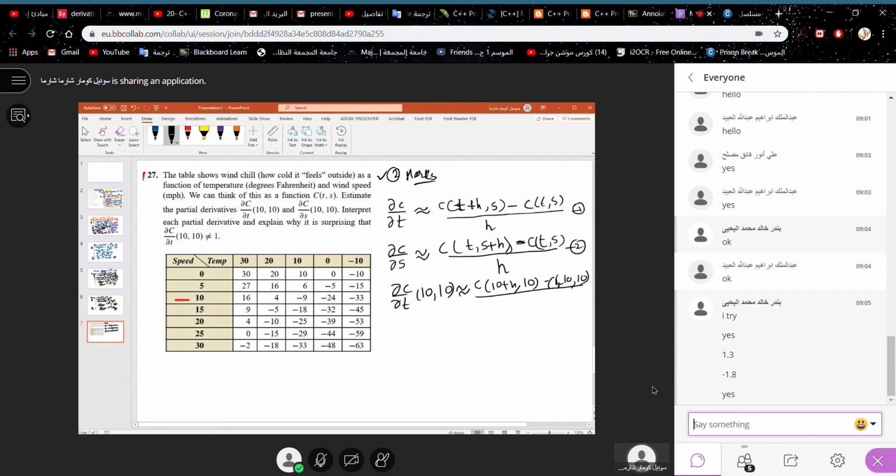This is the difference, H, the width. This is how much? 10. So CT plus H, 10. 10 means S value is constant. So S is 10 where? In this value it is 10. Right?